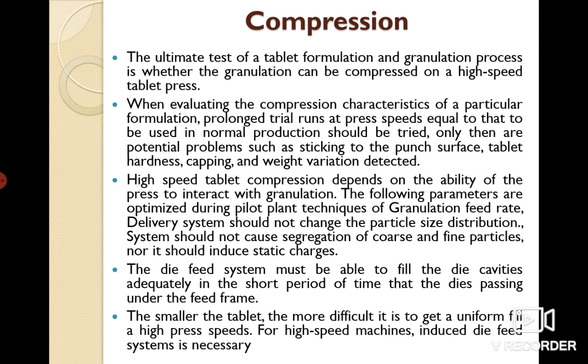This is really an important thing. When evaluating the compression characteristics of a particular formulation, a prolonged trial run at a press speed equal to that to be used in normal production should be tried. Only then are potential problems such as taking off of the punch surface, tablet hardness, capping and weight variation detected. High speed tablet compression depends on the ability of the press to interact with the granulation. The following parameters are optimized during pilot plant techniques of granulation.